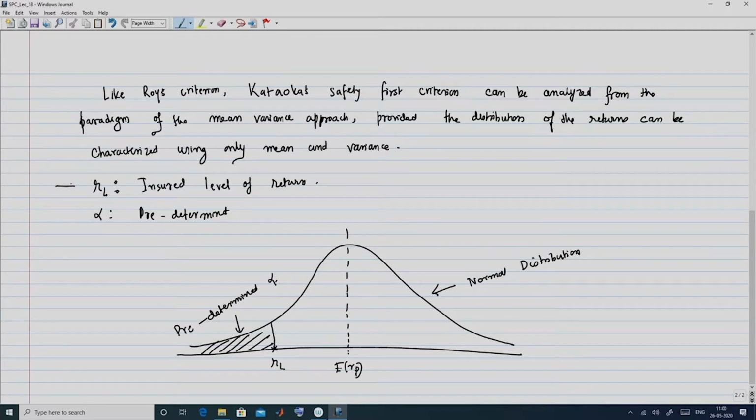So I can come back to my statement that here this RL level is the insured level of return such that below which the area is less than or equal to this alpha. All right.